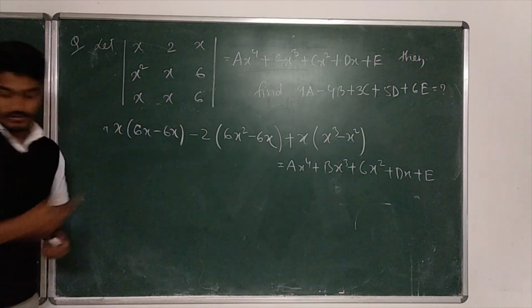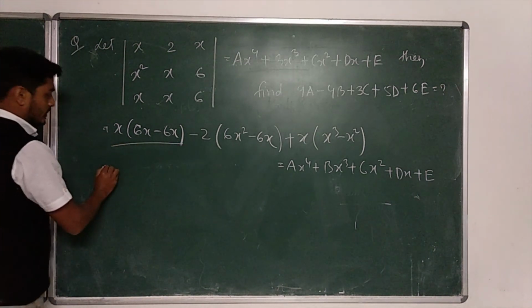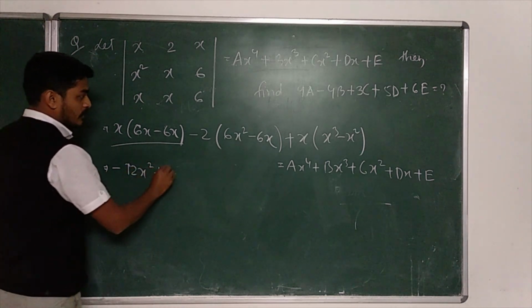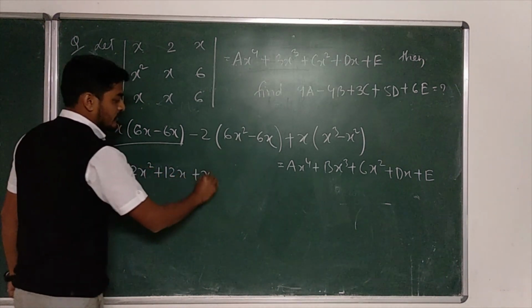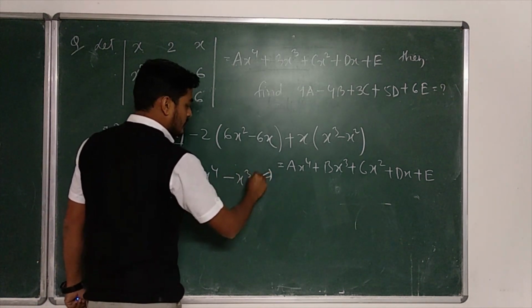Okay? So the question is this one only. Okay, so the value of this expression is equal to 0. So we will have minus 12x squared plus 12x plus x to the power 4 minus x cube. Okay, we can easily equate them.